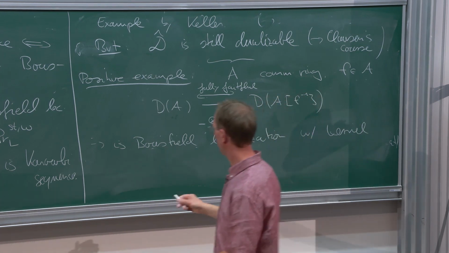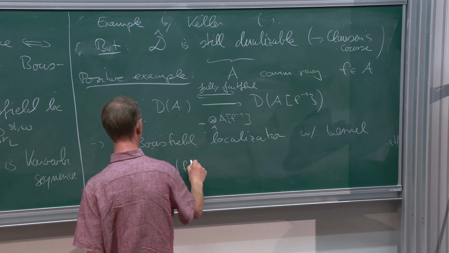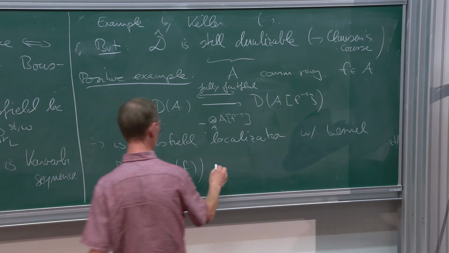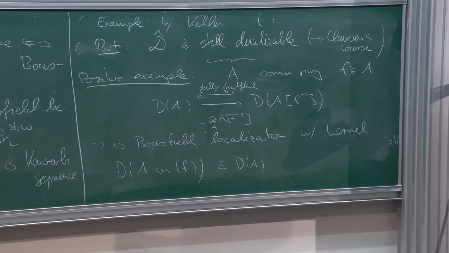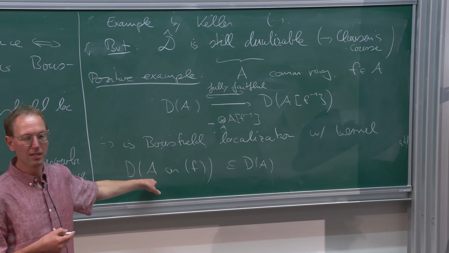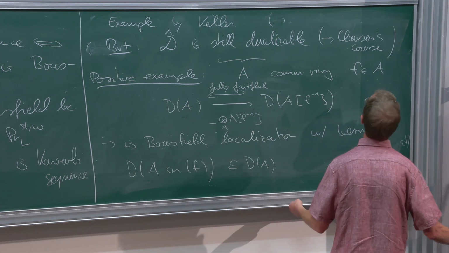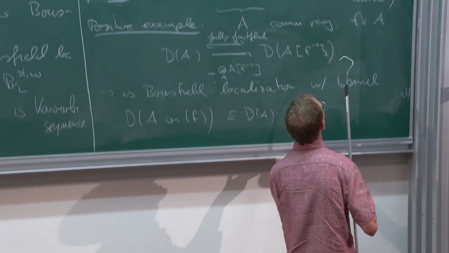Okay, so the kernel is by definition D(A) supported on f. So this is just the definition of the subcategory here. So all derived modules which vanish after inverting f. And I claim that this category here is in fact compactly generated. And I prove this by just writing down a generator.